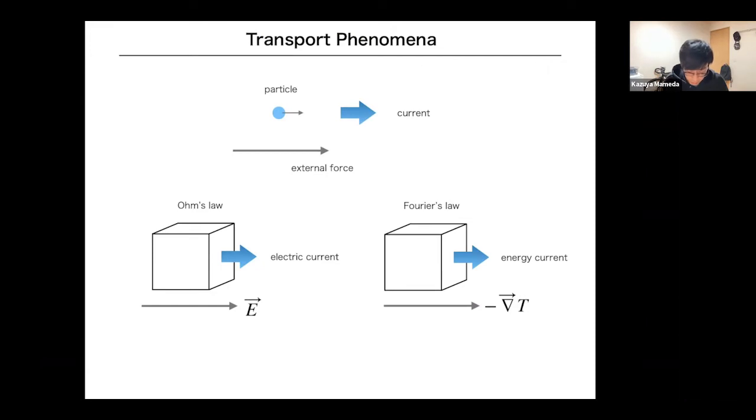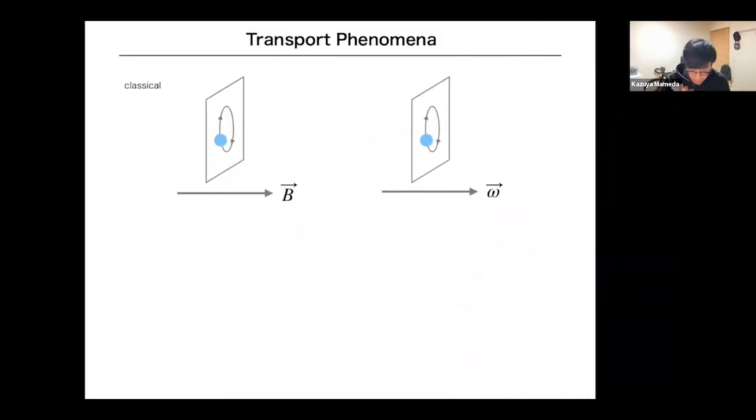For these phenomena, we get the electric current or energy current. So this is just classical physics. On the other hand, if you put a magnetic field or rotation, we cannot get transport phenomena at the classical level, because even if you put a magnetic field on a charged particle, the particle just moves along this direction.